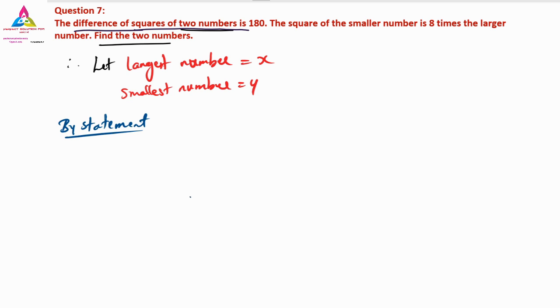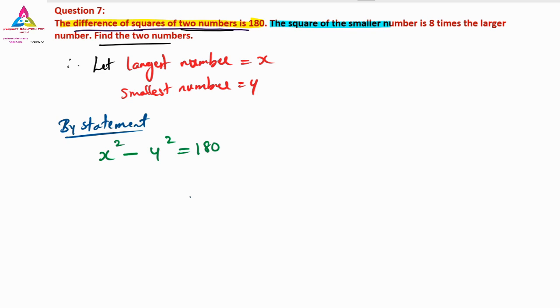The first statement says the difference of the squares of the numbers is 180. Difference means minus, so x square minus y square is equal to positive 180, which means x is the largest number. We'll go through the next one.